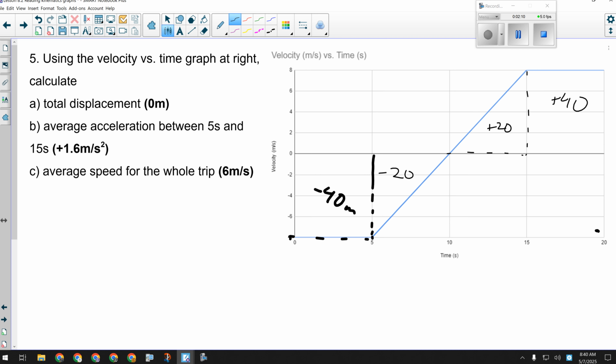All right, average acceleration. Yesterday we talked about this formula, VF minus VI over t. We can always calculate the acceleration of an object on a velocity time graph because we can always read these things.